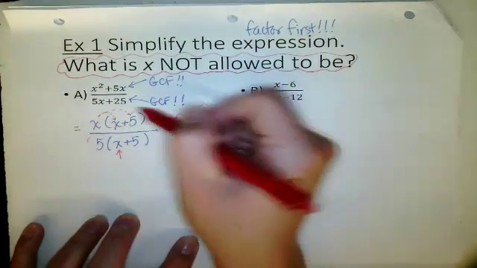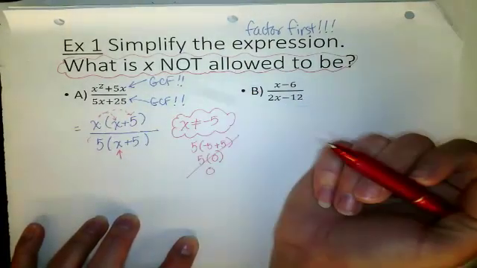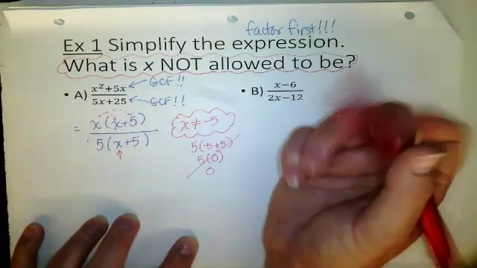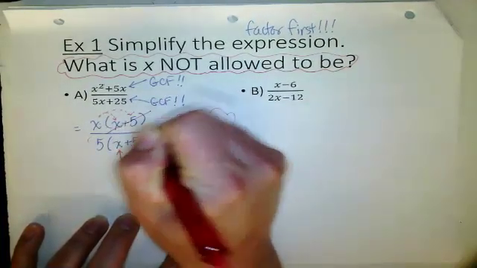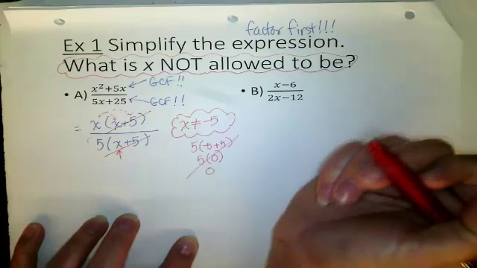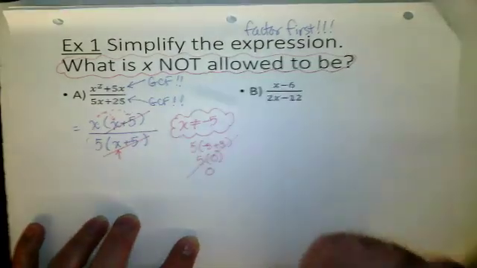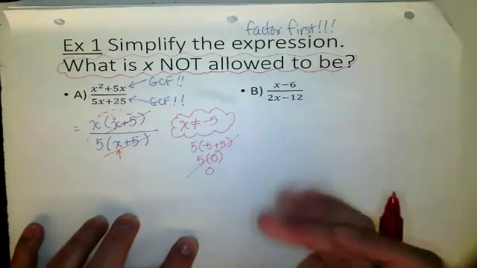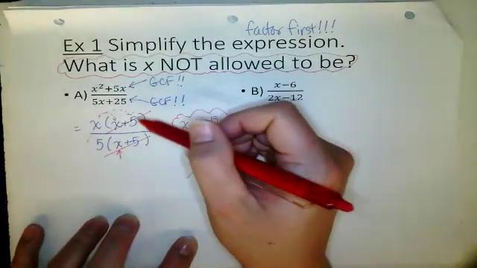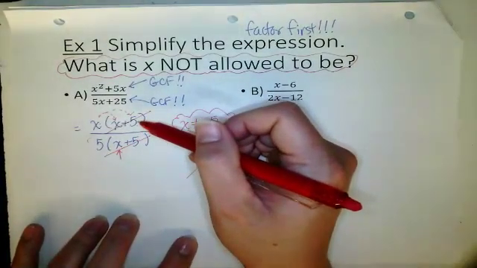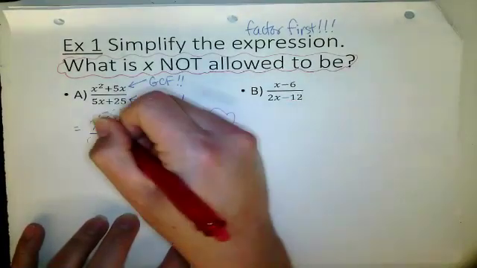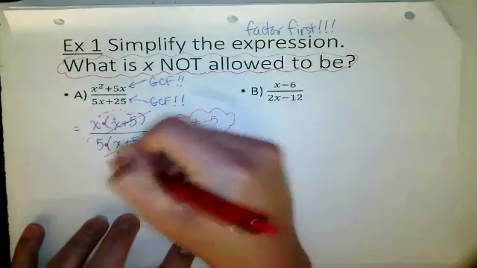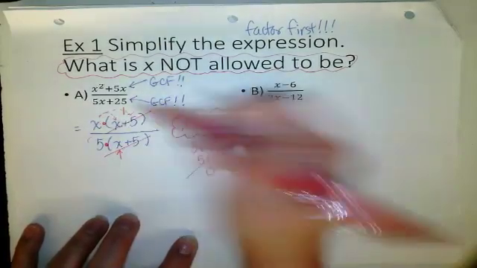Once we're factored, we can look for common factors, top and bottom. What do you see that they have in common? Yeah, there's an x plus 5 on top, and there's an x plus 5 on bottom. And I love doing this today. This whole week, ladies and gentlemen, you just get to factor and cross stuff off, which is kind of nice. You cannot cross things off before you factor. Once things are factored, written as a product, then x plus 5 goes into x plus 5 one time.